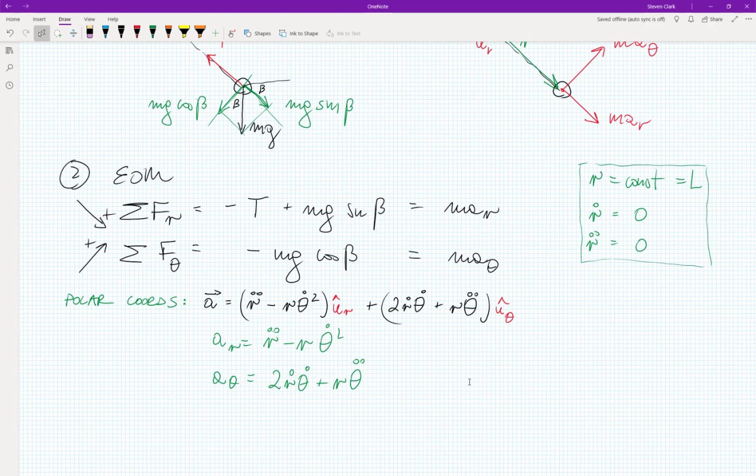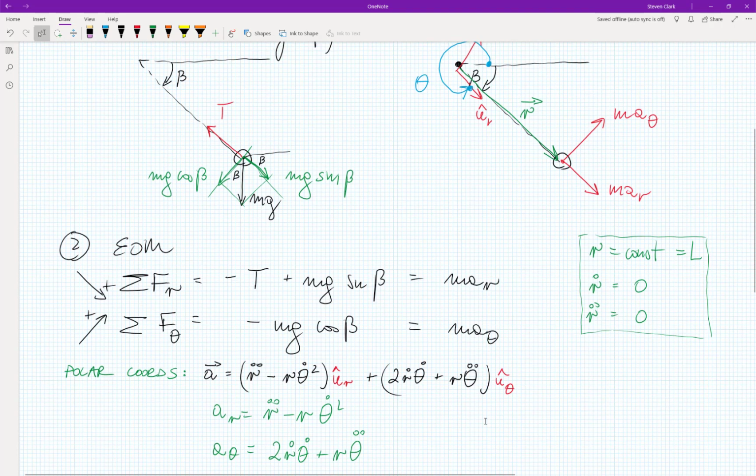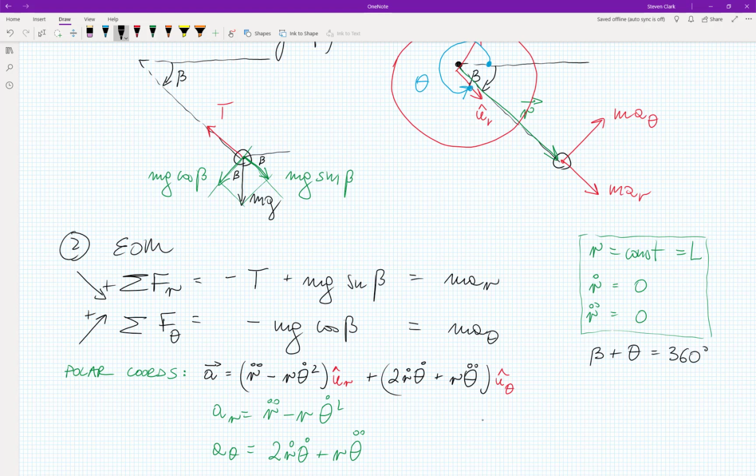Second modification is the following. Do you guys see that our beta plus theta is 360? Do you see that?